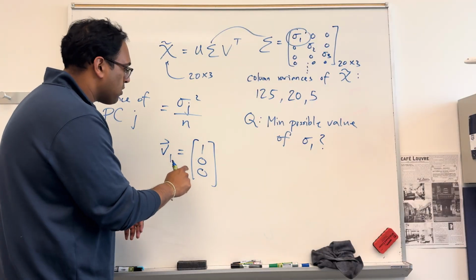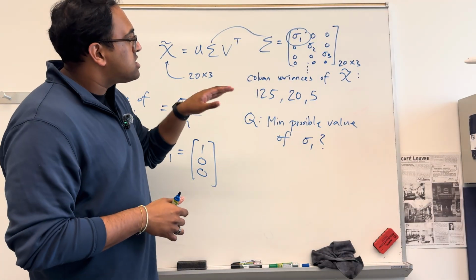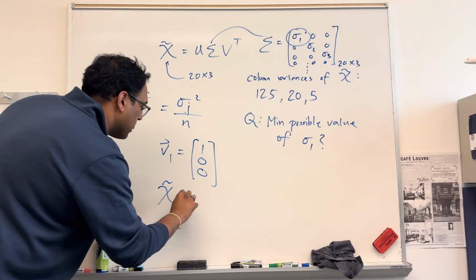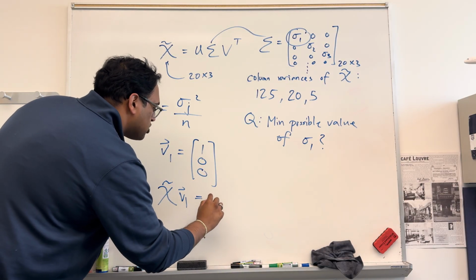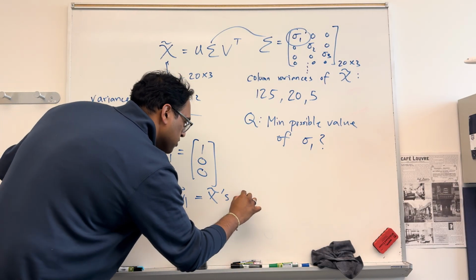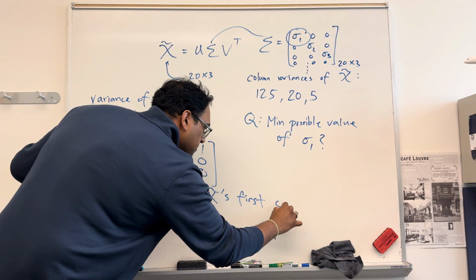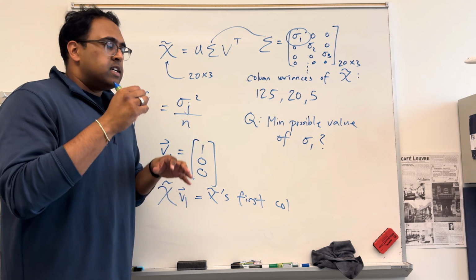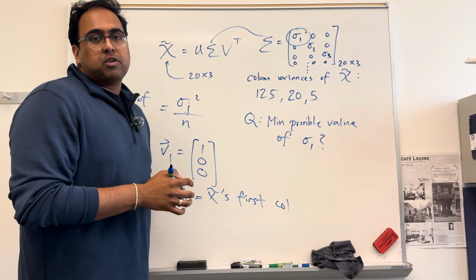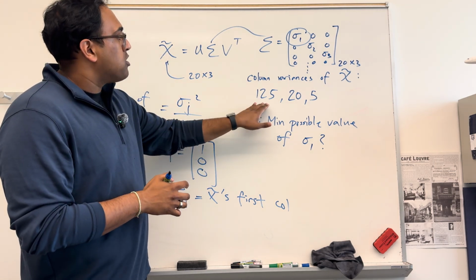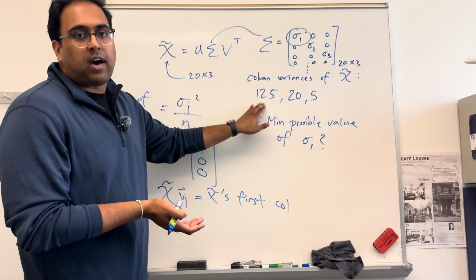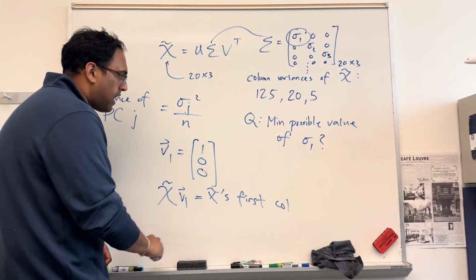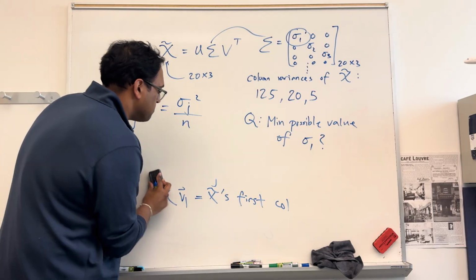And V1 being 1, 0, 0 just means selecting the first column of X, right? X times V1 is just X's first column if I make V1 be 1, 0, 0. And so my point is, the variance of the first principal component has to be greater than or equal to 125. Using that idea, I can find the minimum possible value of sigma 1.